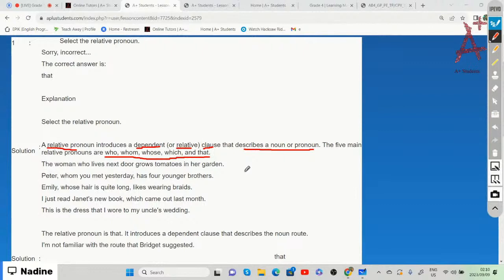So if we now go over a few examples of each one of the relative pronouns included. The woman who lives next door grows tomatoes in her garden.